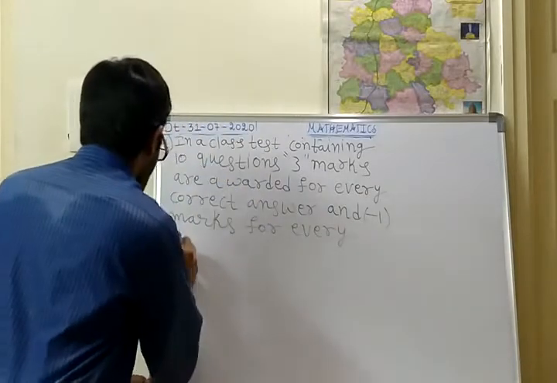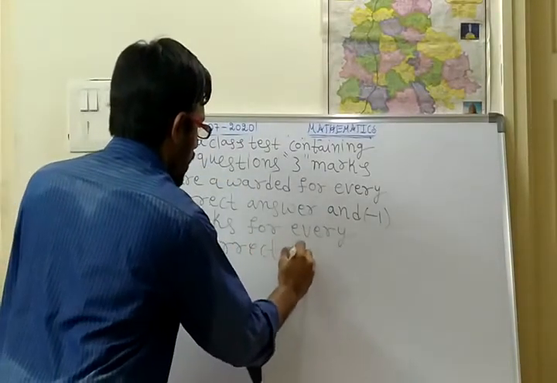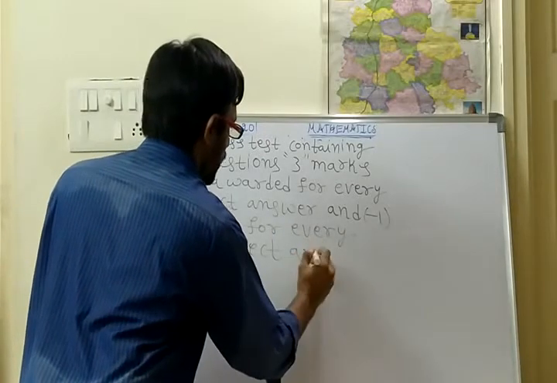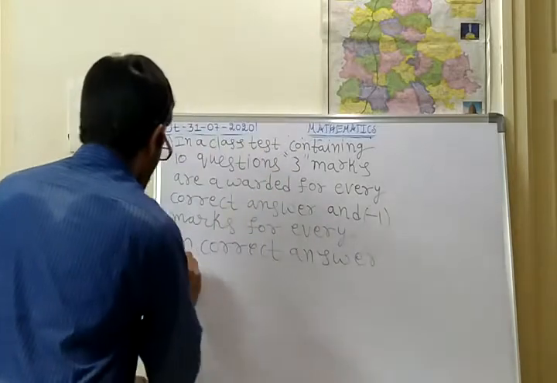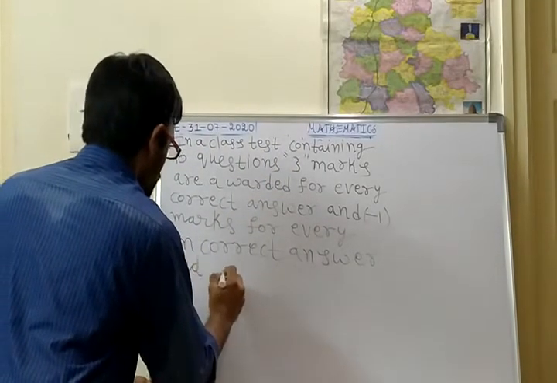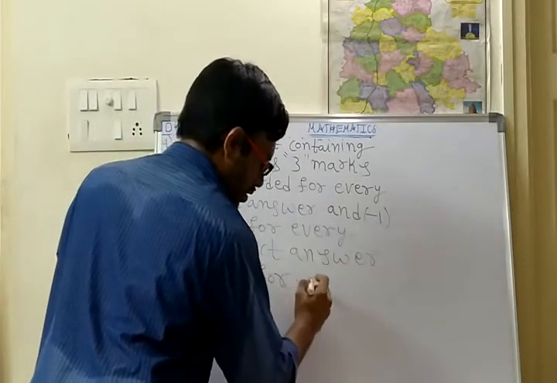Incorrect means wrong answer. And 0 for not attempted.